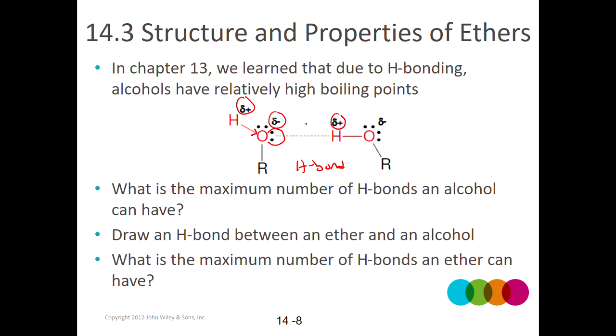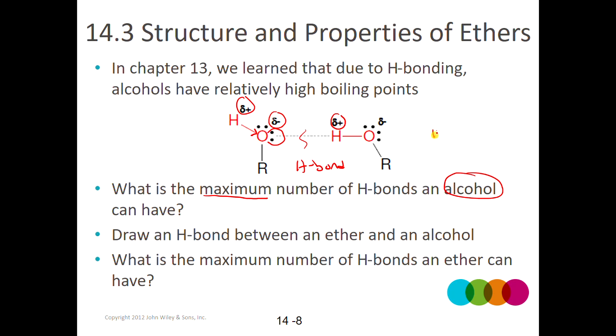So that's why we said alcohols have relatively high boiling points, because to turn a liquid, where the structures are close together forming these attractions, into a gas, you have to break these attractions and separate the molecules from one another. So what's the maximum number of hydrogen bonds an alcohol can have? Well, if I look at the alcohol structure, its hydrogen can have one, and its oxygen lone pairs can each have one, right?